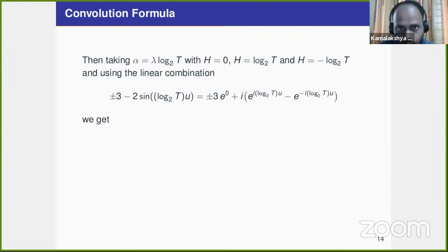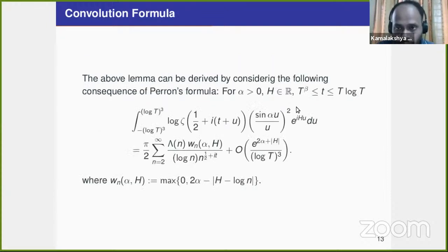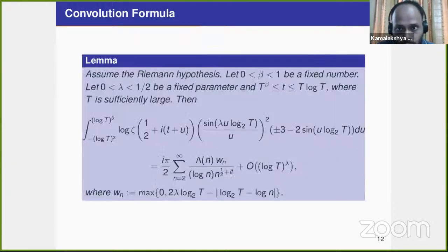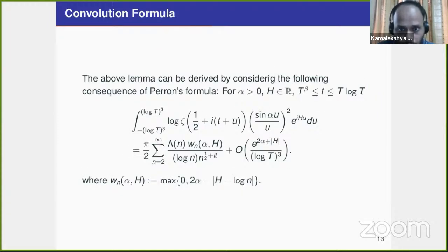What happens on the right hand side? What happens if we have this last choice, minus double log t? Here we have lambda double log t, and lambda is between 0 and half, so we have 2 lambda double log t.